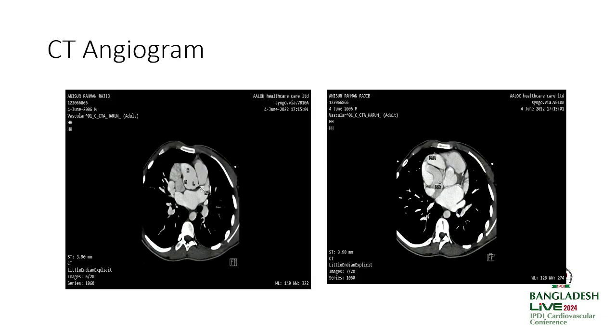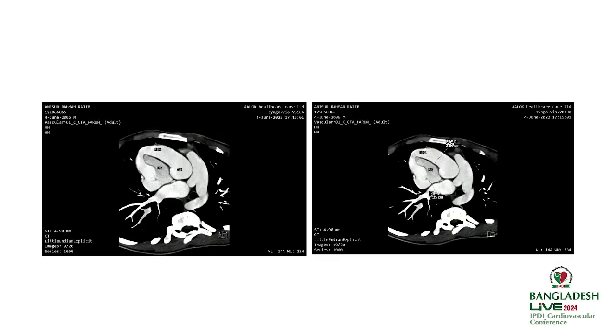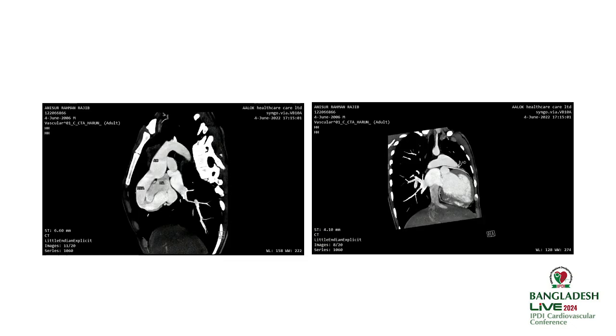His CT angiogram shows that the LAD directly arises from the left coronary sinus, and LCX arises from the proximal dilated part of the RCA, and the RCA arises from the right coronary sinus normally, but it is dilated and has a sinuous course and ends into the right atrium, with a proximal diameter of 28 millimeter and distal diameter of 16 millimeter.